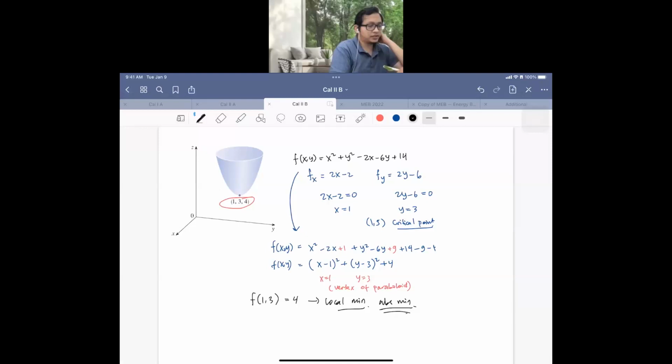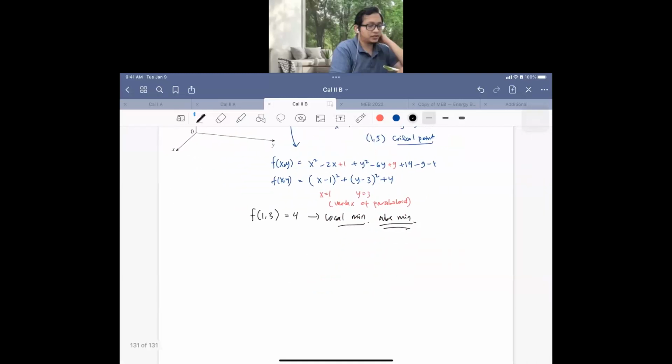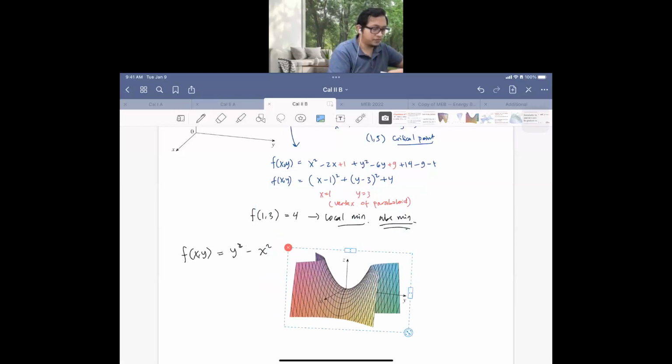However, another quadratic surface has a different equation and different structure in terms of the graph. If we take a look at the quadratic surface of y squared minus x squared, we have a hyperbola and a paraboloid, so it's a hyperbolic paraboloid. If you remember the shape, this will be the shape.